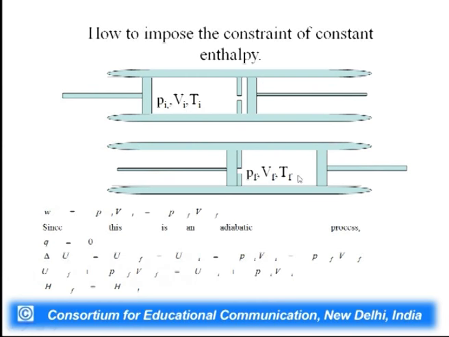Now, if we want to calculate the work done in this, we can do that. In this chamber, you are going from Pi Vi to 0, so the work done in this chamber is Pi Vi.